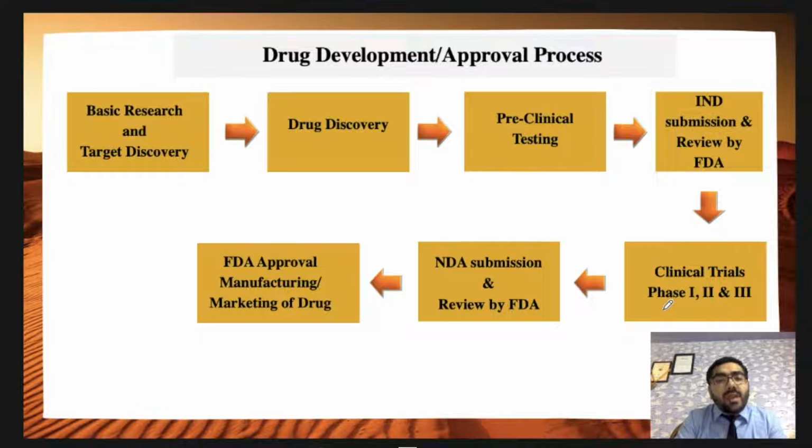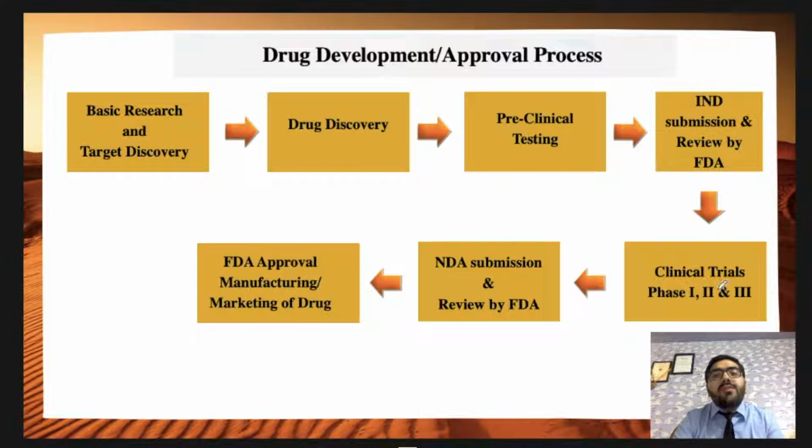Phase 1 clinical trial is basically conducted on healthy volunteers, and it is basically to know about the side effects and the dosage of a drug. Okay, and then phase 2 trial is conducted on 20 to 100 people, who are patients. It is also used to determine the efficacy of a drug product.